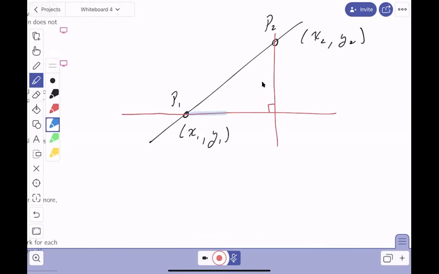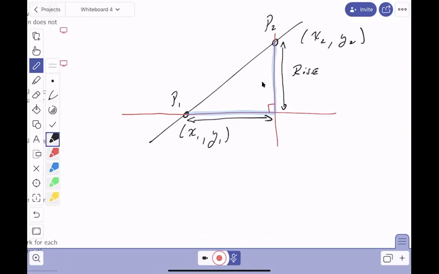This here will be the run. This here will be the rise. This distance here is called the rise, and this distance here is called the run. We need to know those distances, by the way. Rise is also called delta y, and run is also called delta x.